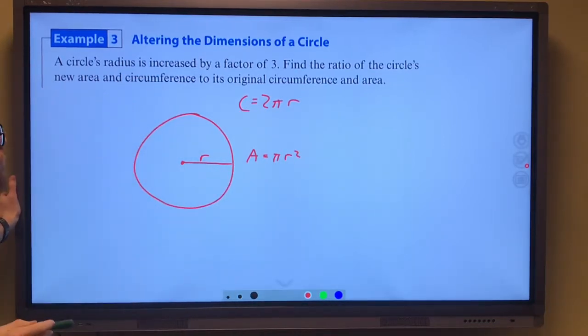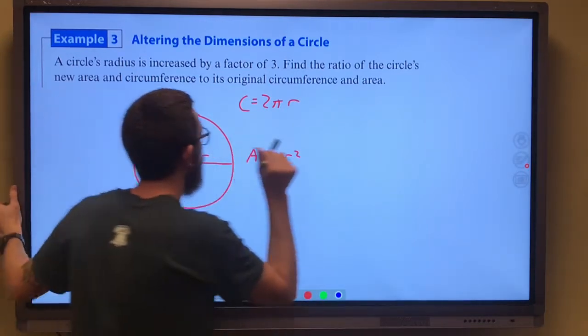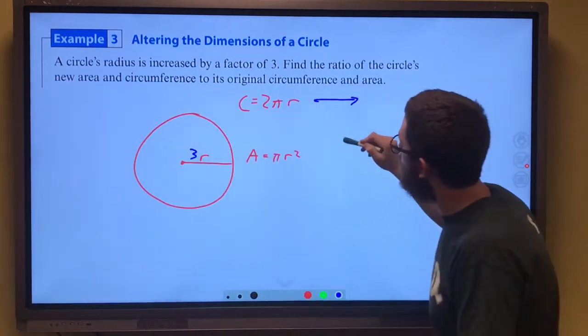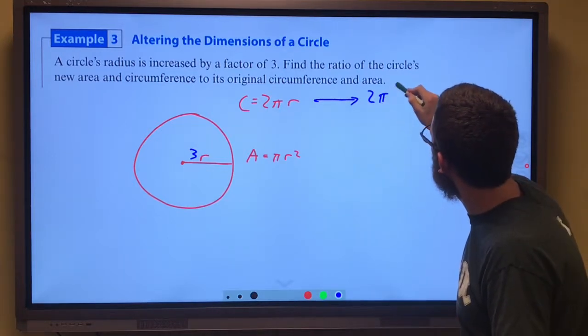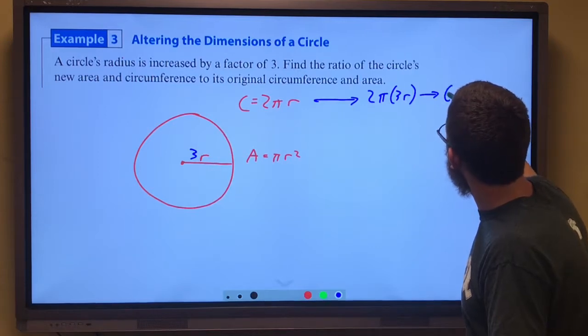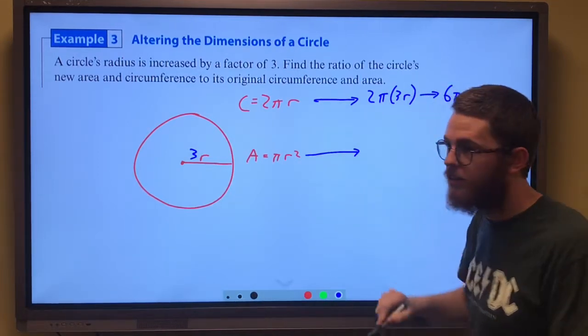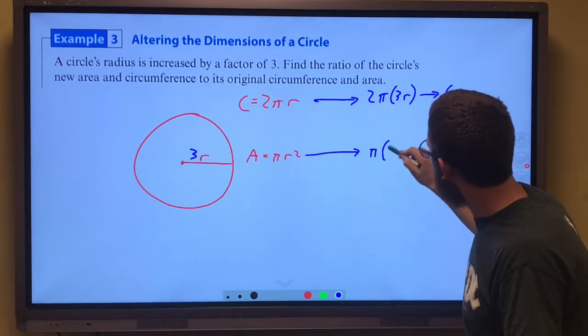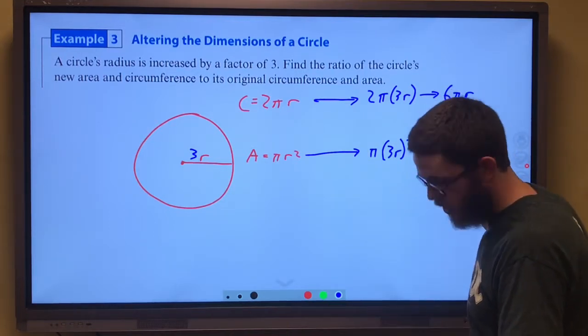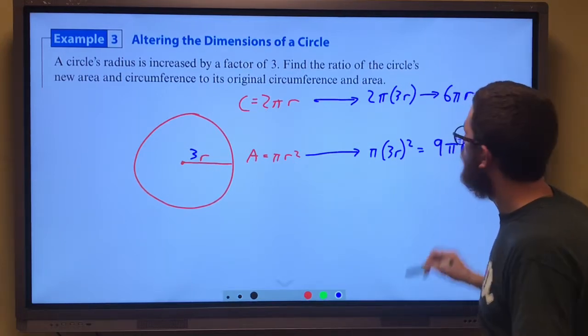But if we increase it by a factor of 3, well, the new circumference is going to be 2 pi times 3r, which is 6 pi r. If we plug it in for the radius in the area, this would be pi times 3r squared, which gives us 9 pi r squared.